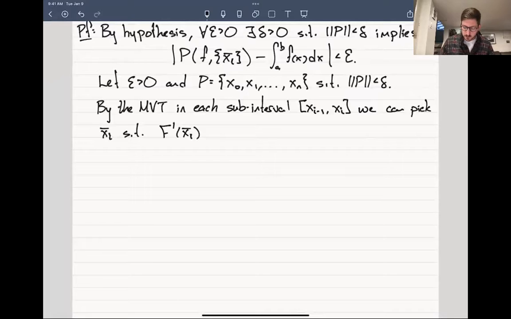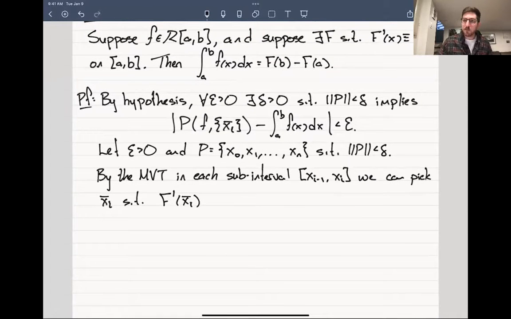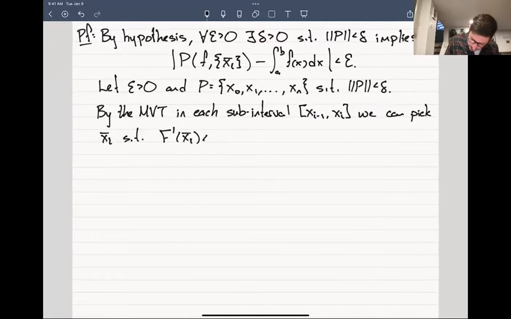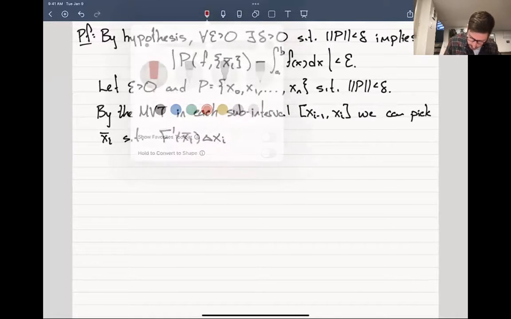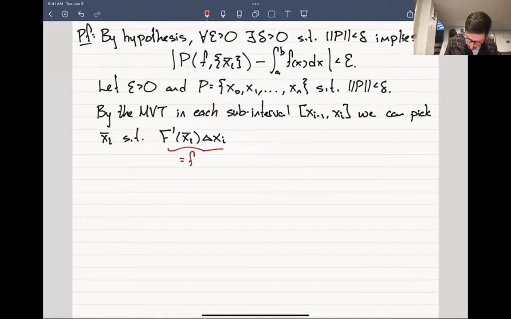Remember, that's by assumption. This is our f, capital F is the antiderivative, F prime is the little f function. So this thing right here, maybe I can just draw underneath it just so you can really see. This is f of xi bar delta xi.